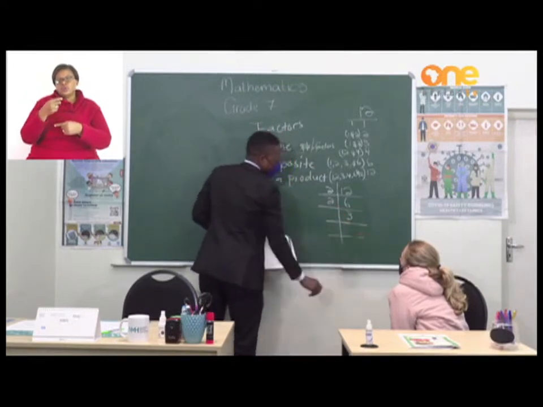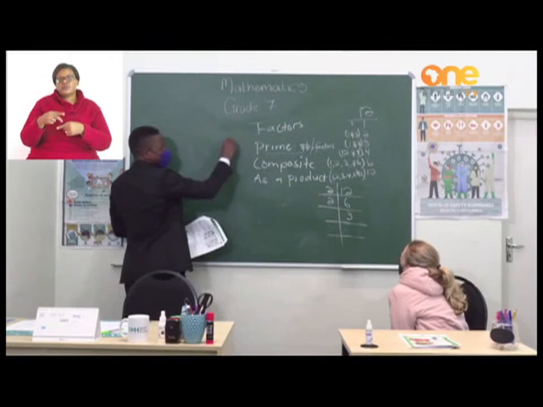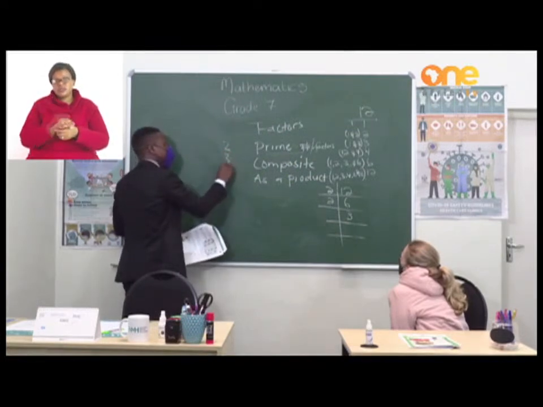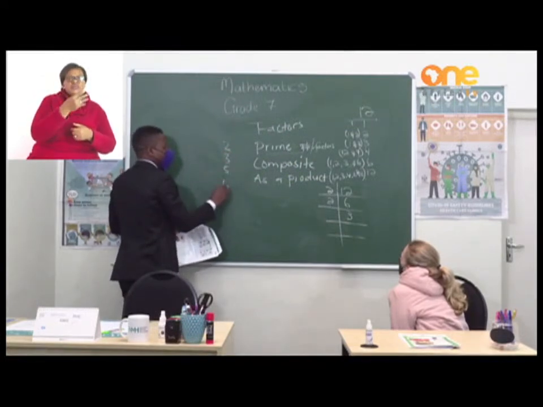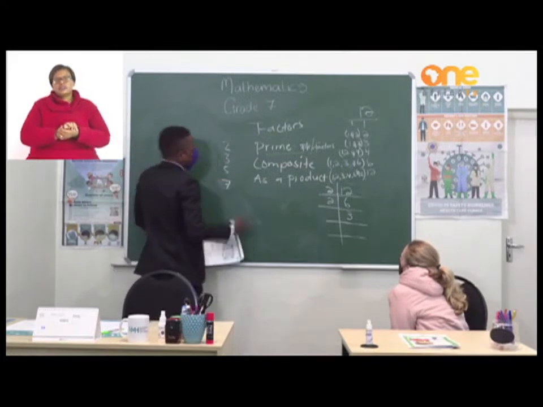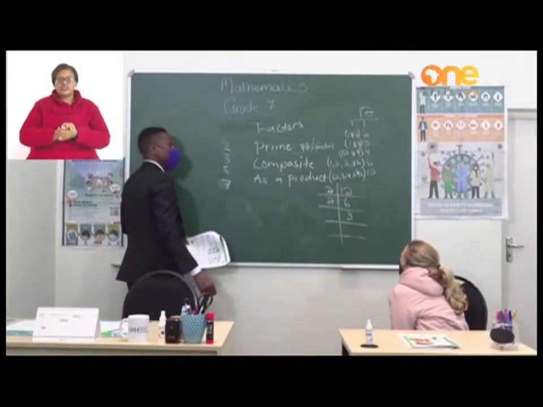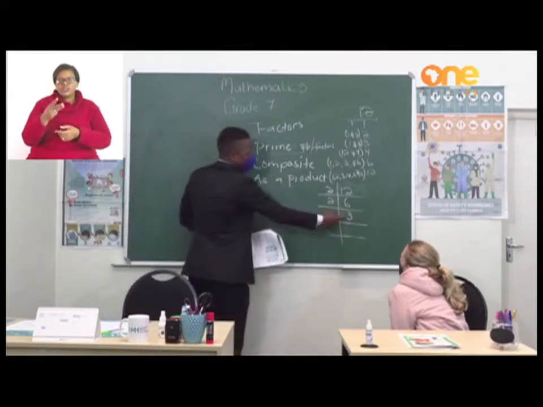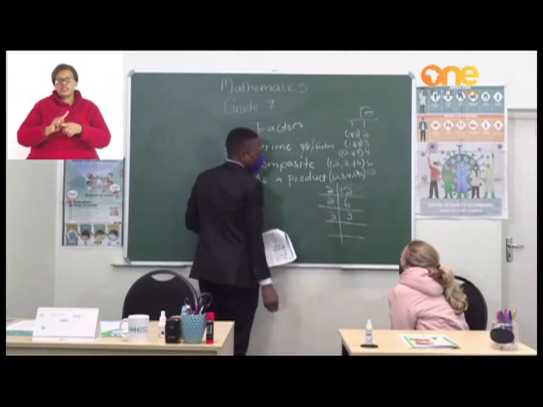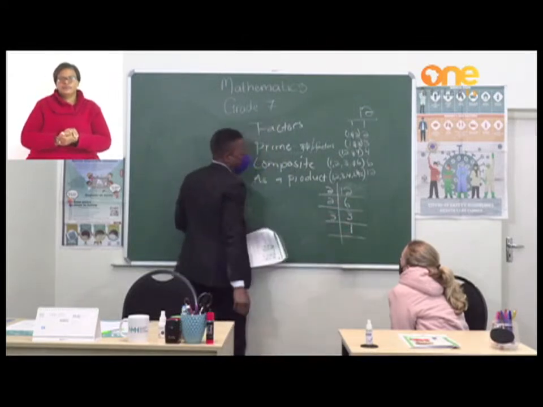The next prime numbers are 2, 3, 5, 7. 2 cannot go into 3. 3, of course, can go into 3, so 3 goes into 3 one time.